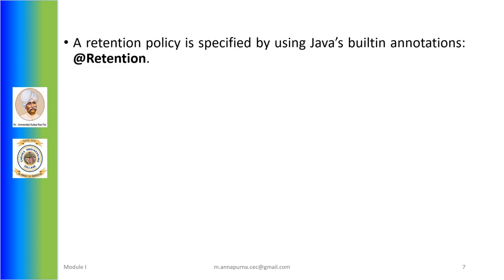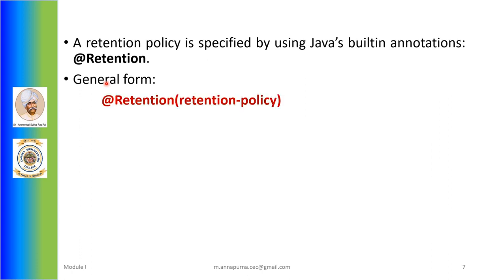A retention policy is specified for an annotation by using one of Java's built-in annotations, that is, @Retention. Its general form is as shown: @Retention(retention-policy). Here, retention-policy must be one of the previously discussed enumeration constants, that is, SOURCE, CLASS, or RUNTIME.